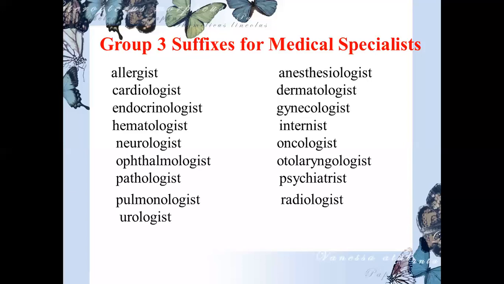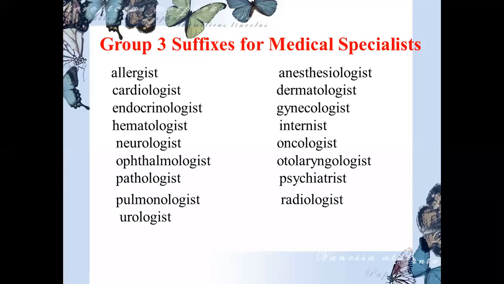Oto means ear, laryngo means throat. So it means a specialist in treating diseases of the ear and throat. Pathologist. Patho means disease. So pathologist means specialist studying diseases. And the next is a psychiatrist. Psychiatrist means a specialist in treating mental diseases.